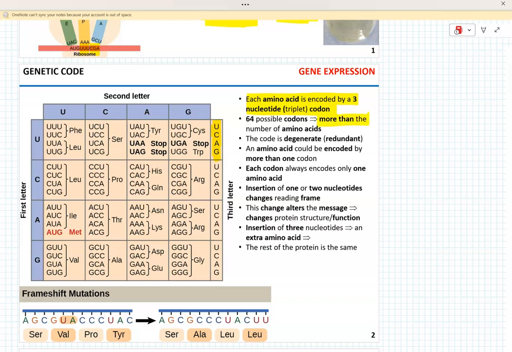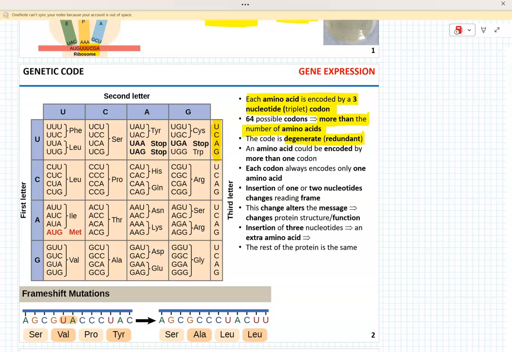It means that there are more codons than amino acids they have to encode. There are 20 amino acids that comprise the structure of the protein. Therefore, it makes the code degenerate or redundant.